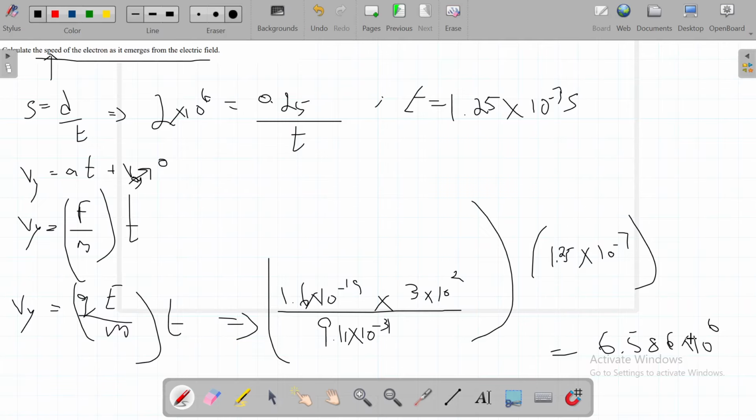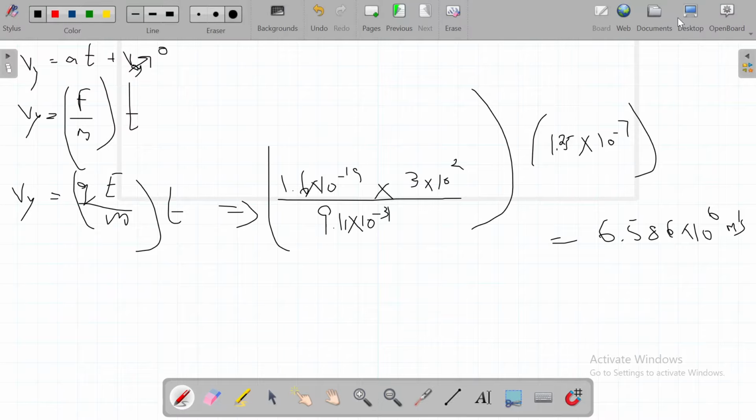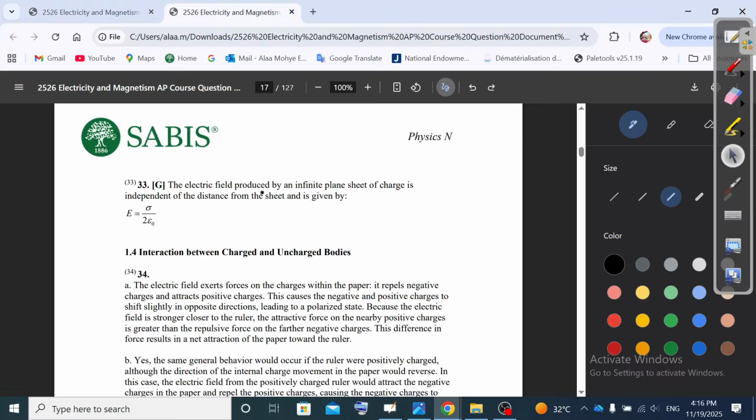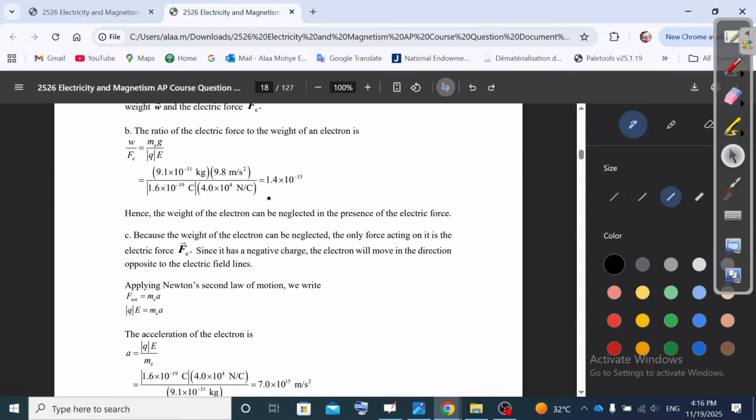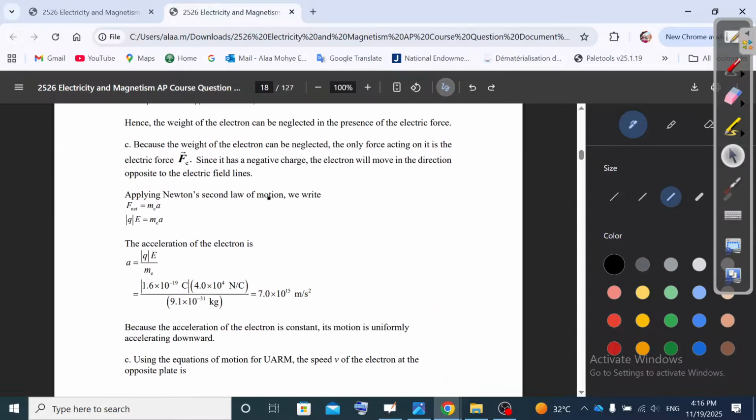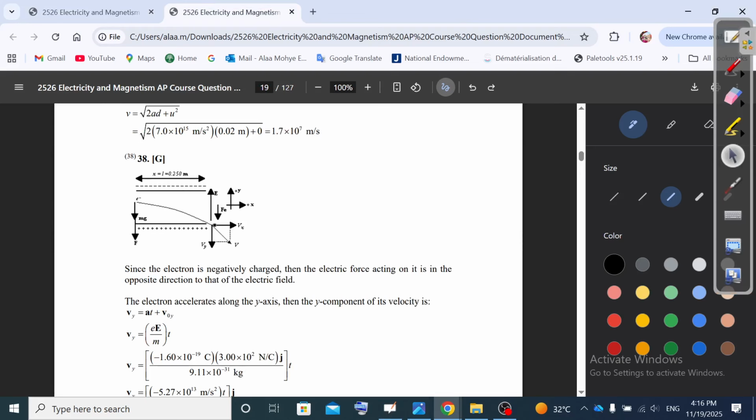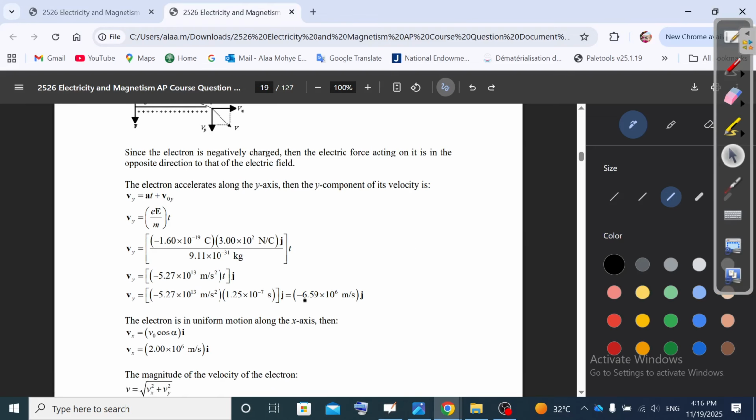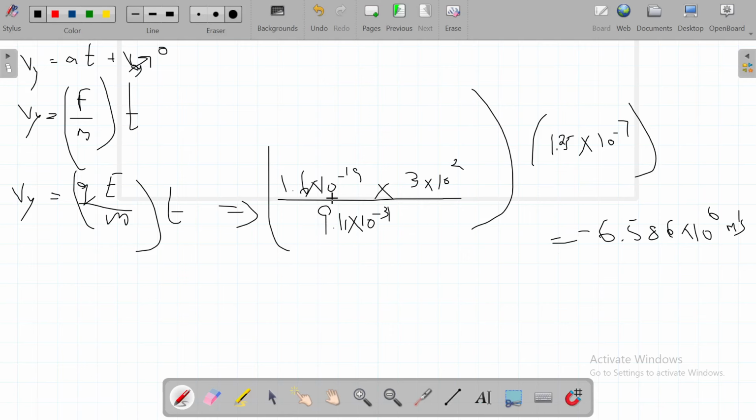Meters per second. Oh, minus. Yeah, I forgot the minus. We got the minus here because it's an electron, so it's minus 1.6.